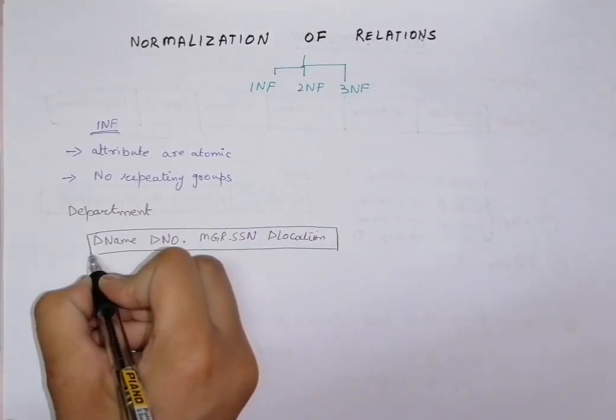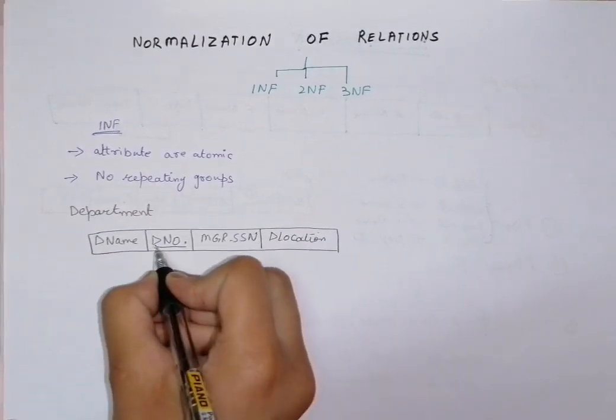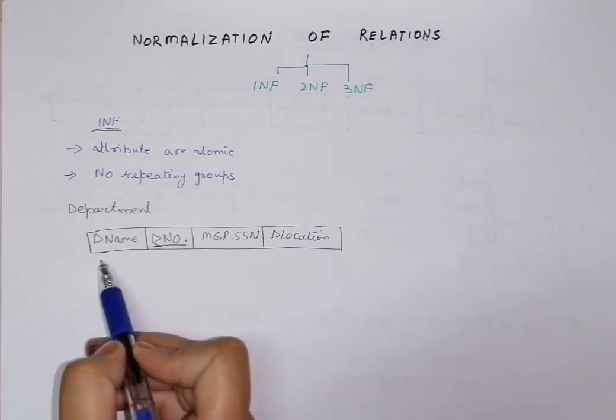Here department number is a primary key, a unique identifier of this particular table. Here you can see that every department has a single name.